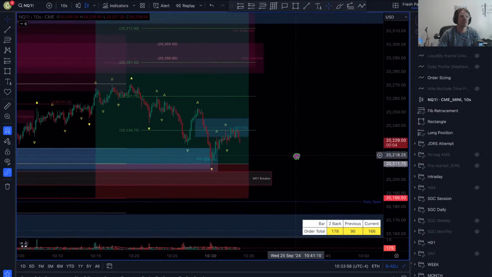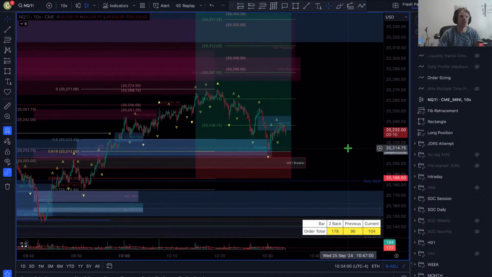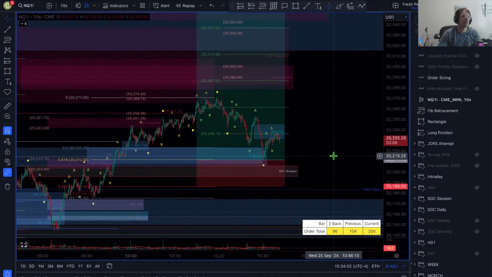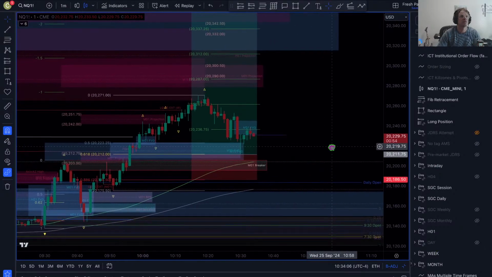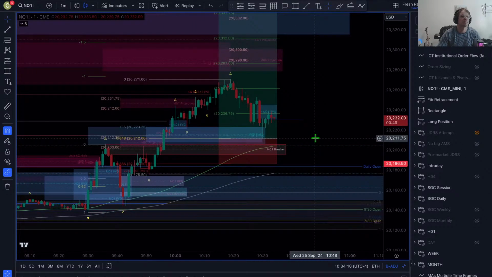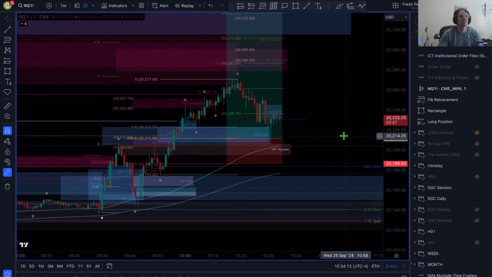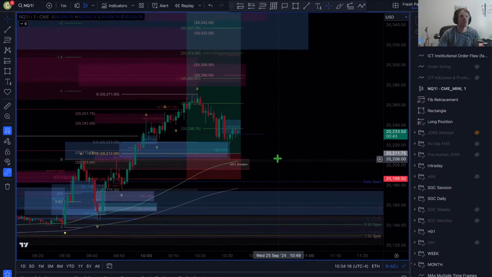Let's see. This M1 fair value gap's holding still. I mean, if you look at the S10, it's a market maker sell model to the downside, which is why you could wait.